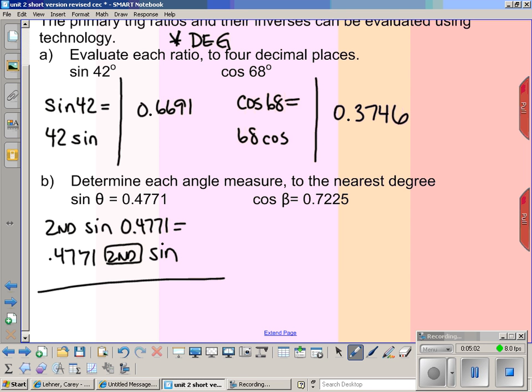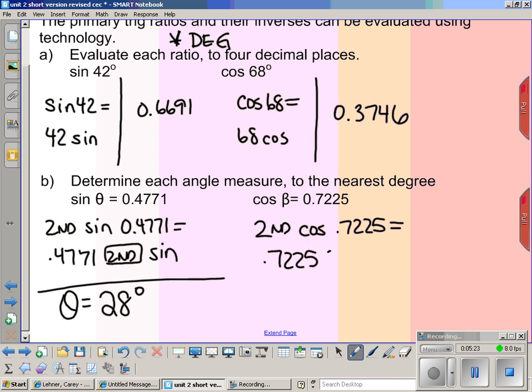You will get a value of 28 degrees. So the angle measure is 28 degrees. Same idea with cos. Either go second cos 0.7225 equals, or go 0.7225 second cos.